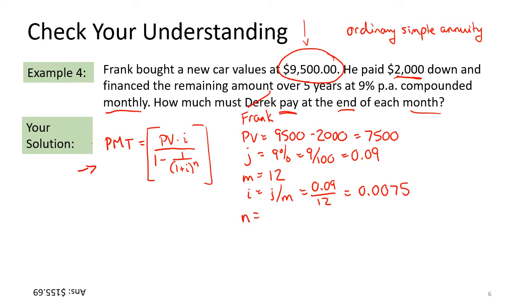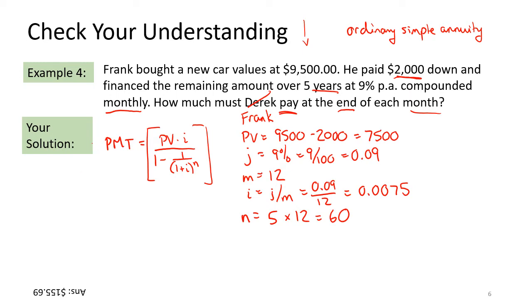Lastly, n. So we know that he financed it over a period of 5 years, and he does monthly payments. So he's making a total of 60 payments, 5 times 12, because 12 payments a year times 5 years.